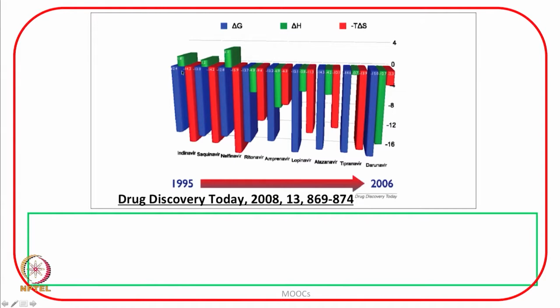The green bars upwards represent enthalpy change. Upwards we consider positive and downwards let us consider negative. Delta G naught is represented by the blue bars and minus T delta S is represented by the red bars.